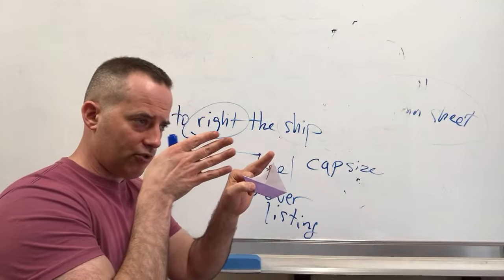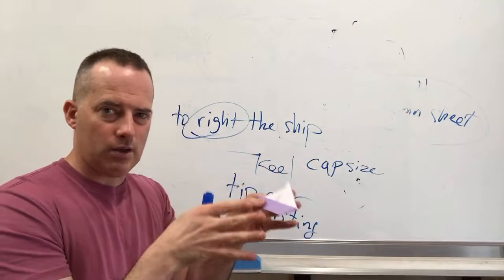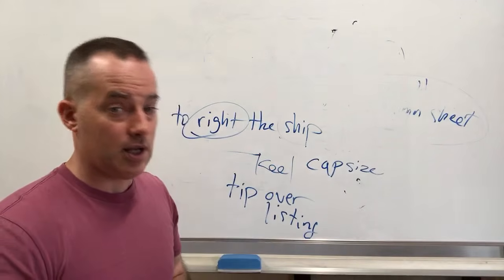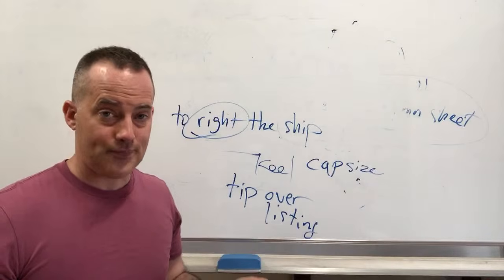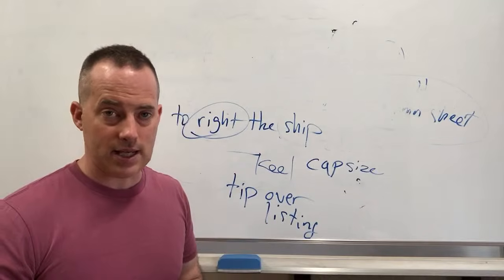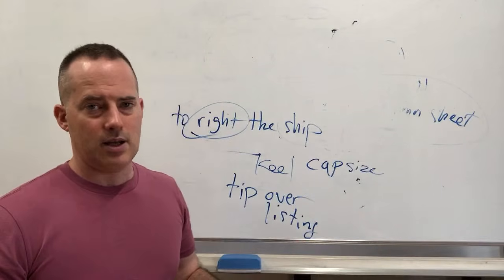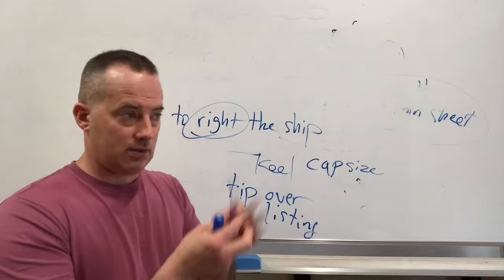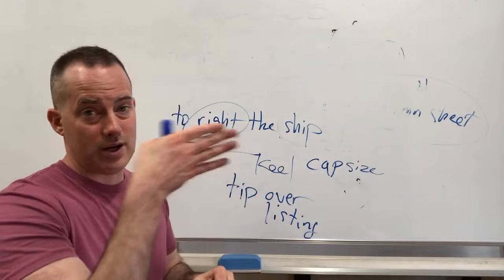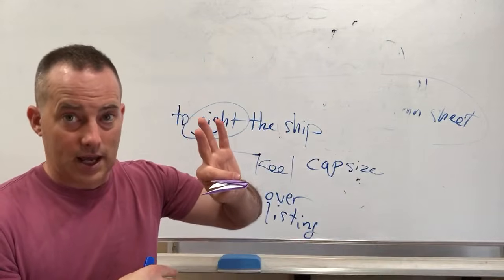People might be trying to do one thing, but they're not doing it very well, or they should do something different instead. We want to right that thing. Or a university, for example, maybe they have a new policy, a new rule or a new law, but the students don't like it. People are very upset about that, and it's causing the university to go in a bad direction. If they continue doing that, they will capsize.